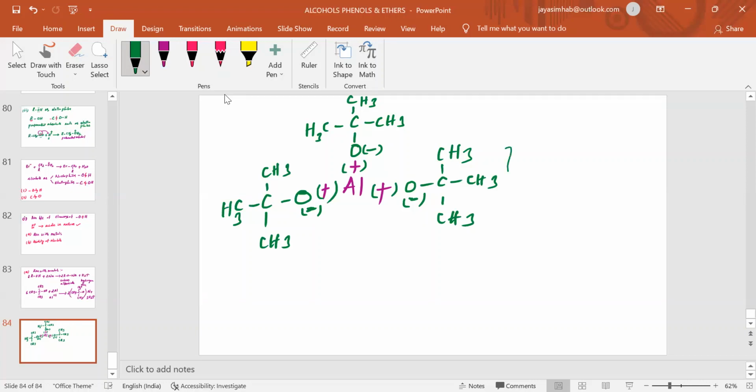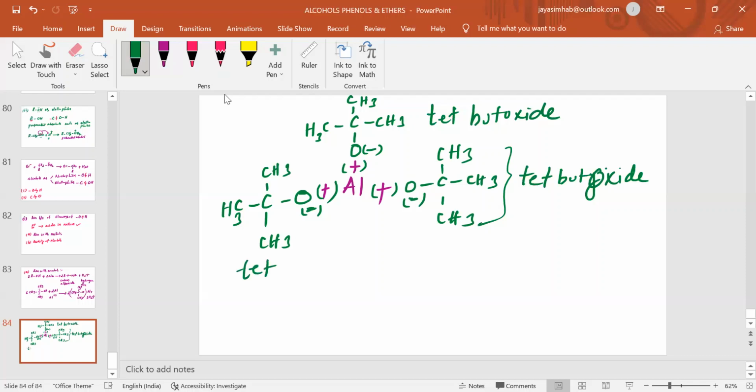Each one is called tertiary butyl alkoxide, or tert-butoxide. Each one is tert-butoxide, or tertiary butyl oxide. Simple.